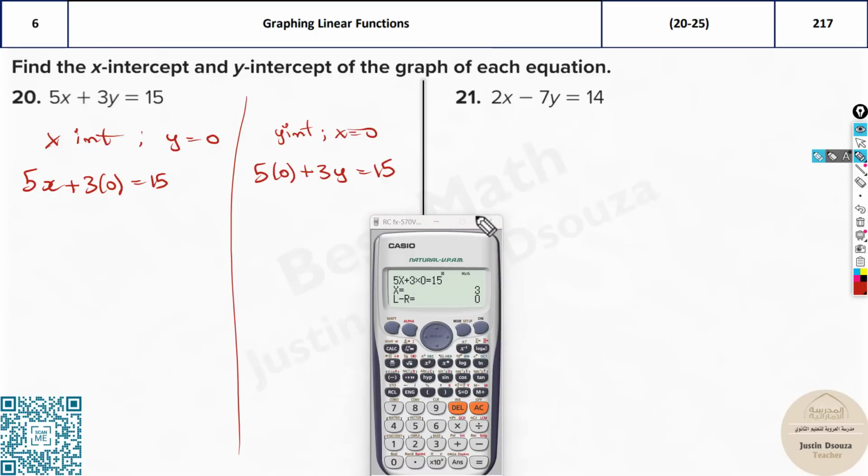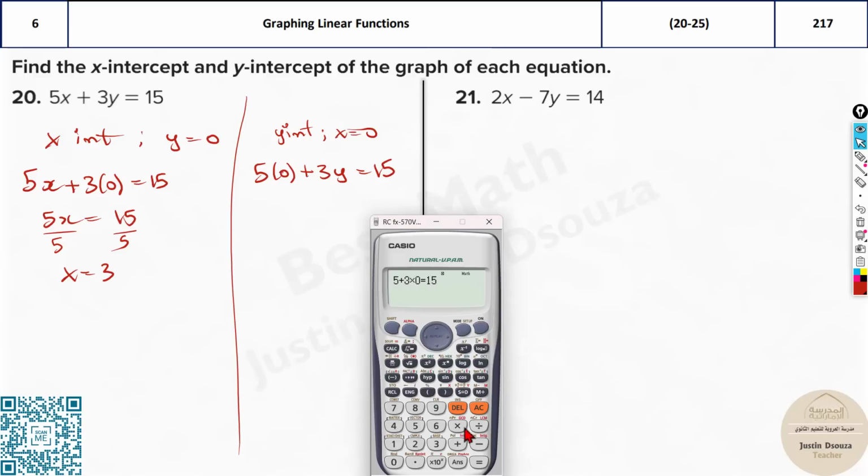So here on the left side, the x-intercept, the x value is 3. If you do the method also, it'll be 3. 5x equals 15 because this is 0. Divide both sides by 5. X is 3. Now what about the right side? Again, here only just change.